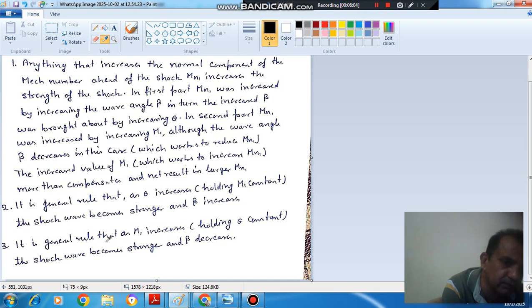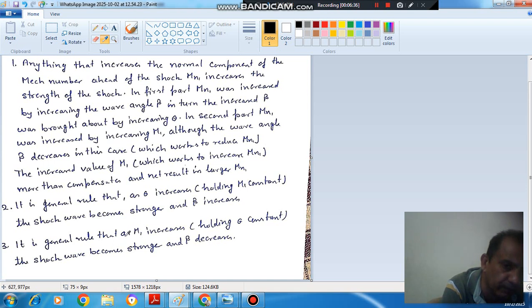So the general rule is, if we increase M1, the shock will become stronger and beta will decrease. Opposite effects are there for beta as we increase theta or increase M1. If we increase theta, beta will increase. If we increase M1, beta will decrease. But in both cases, the shock becomes stronger. So that is the general rule.